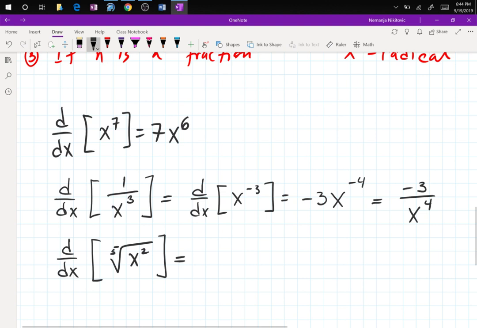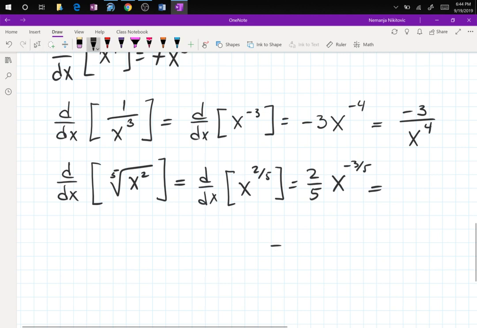So what do we do? To the 2/5. Beautiful. We rewrite this as x to the 2/5. We drop down 2/5, x to the negative 3/5. And now we can do some algebra over here. We have 2/5, 1 over x to the 3/5.